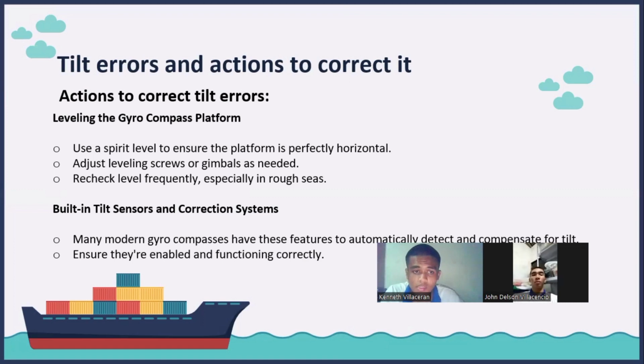Next is built-in tilt sensors and correction systems. Many modern gyro compasses have these features to automatically detect and compensate for tilt; ensure they're enabled and functioning correctly.